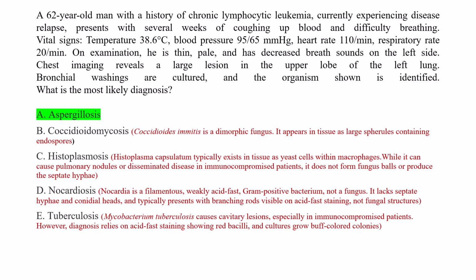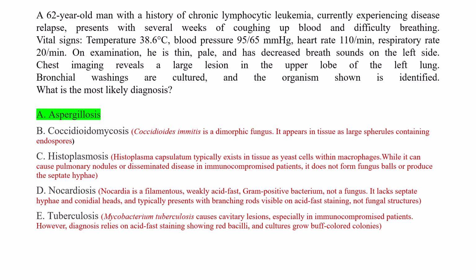Though it can cause lung disease in immunocompromised hosts, it lacks septate hyphae and conidial heads, and it would typically present with branching rods visible on acid-fast staining and not with fungal structures.